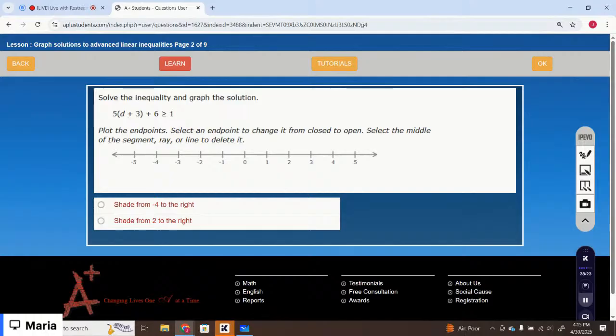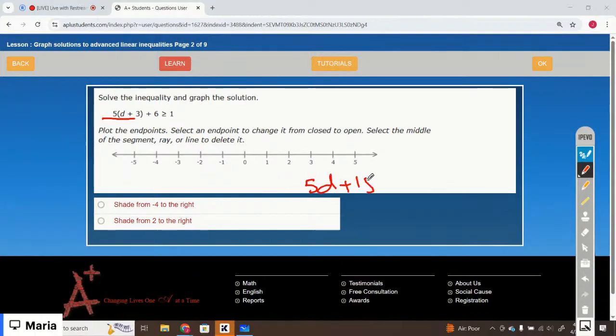Solve the inequality and graph the solution. That is 5d plus 15 plus 6 is greater than or equal to 1. 5d plus 21 is greater than or equal to 1. 5d is greater than or equal to negative 20. d is greater than or equal to negative 4.